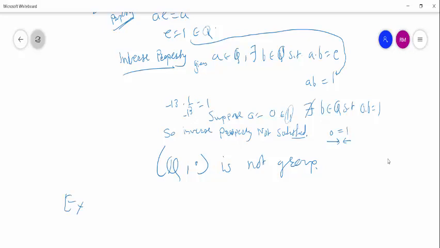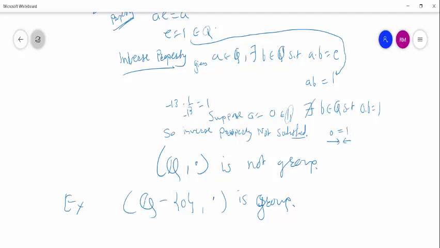But if we take another example, if you remove 0, the set of all rational numbers except 0, so this is Q minus singleton 0, that is a group under the binary operation multiplication, because every element has an inverse.